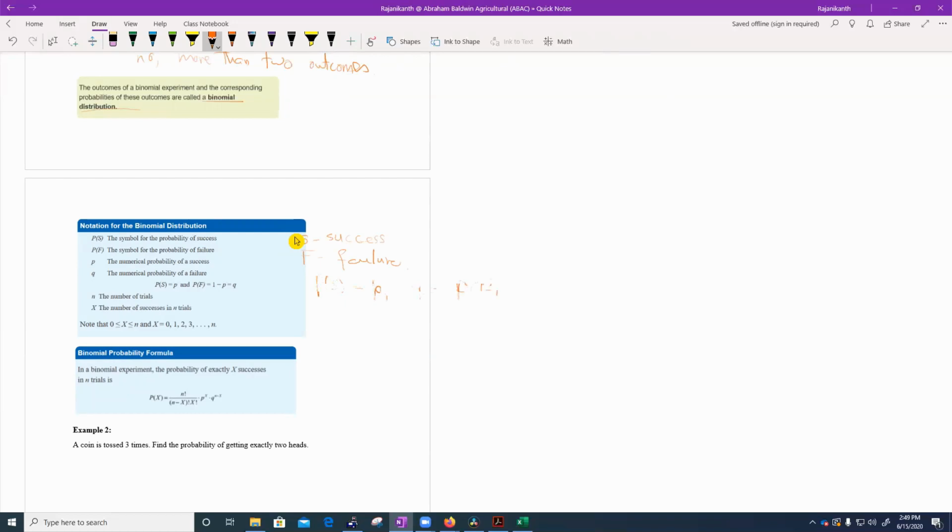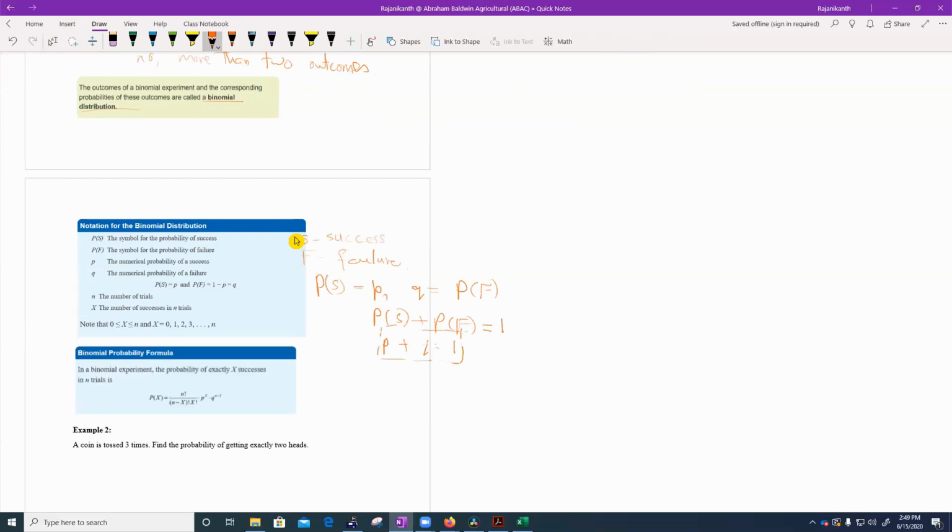Okay. So remember, if you add the probability of success plus the probability of failure, this should always be 1. In other words, little p plus little q should always be 1, right? For any trial.